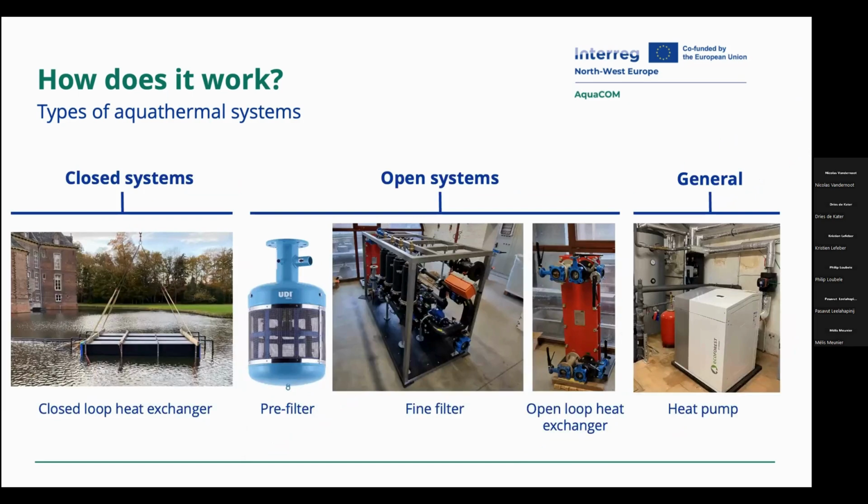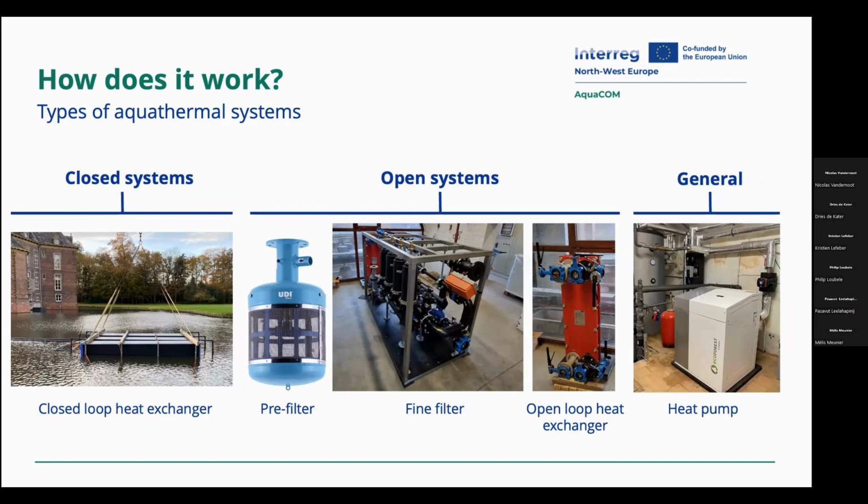In case we work with a closed loop system, like I said, we have the heat exchangers, and you can see them here on the picture on the left side. Those are the heat exchangers that we are installing, before the final installation. So you still see the top side of the exchangers. After the installation, they are at the bottom of the water body and are fully invisible.